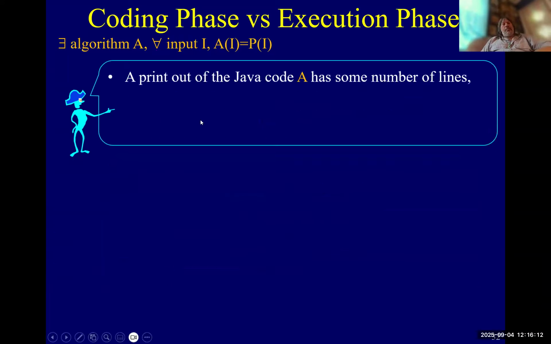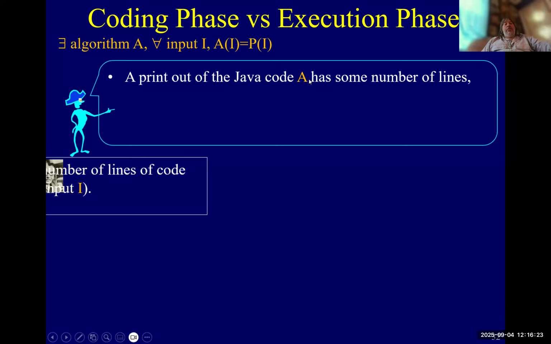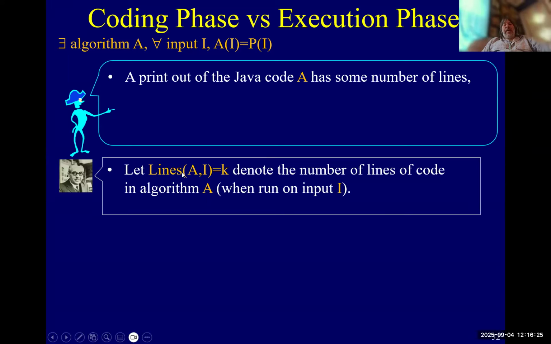All right. So let's talk more about these things. When you're writing the algorithm, you have to say how many lines of code you're going to have. So we might say, here's a function that says given algorithm A on input I, how many lines of code does it have?